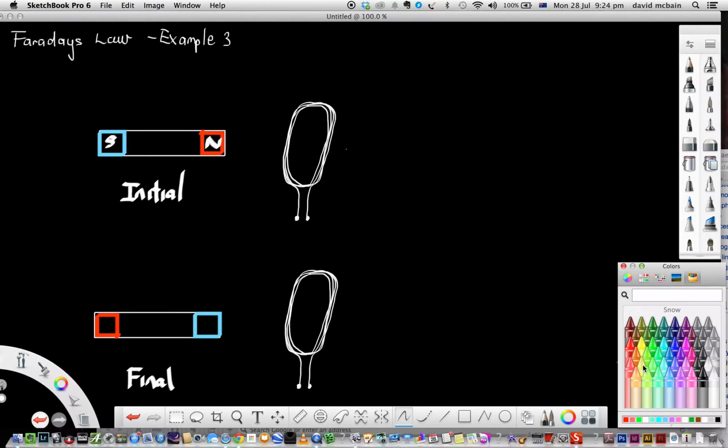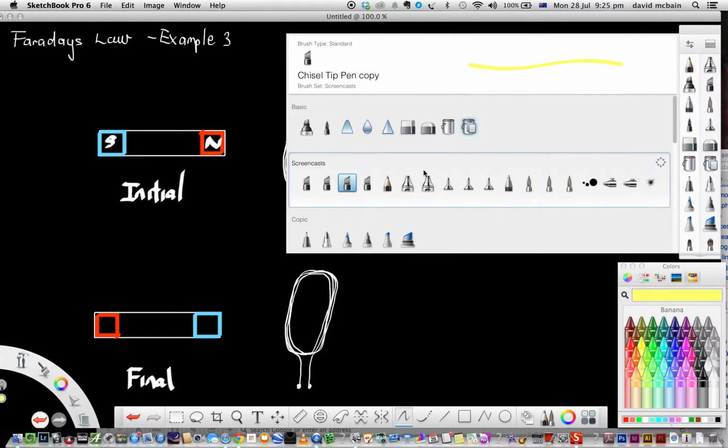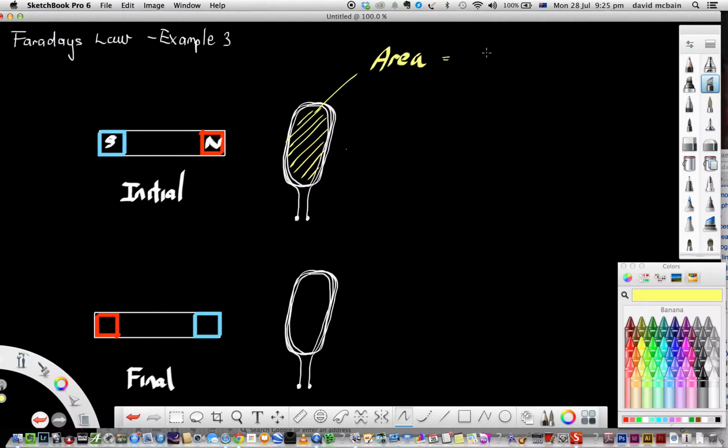Now I'm going to give you some data, of course, to allow you to solve this. So let's say that the area of our coil is 0.02 meters squared.